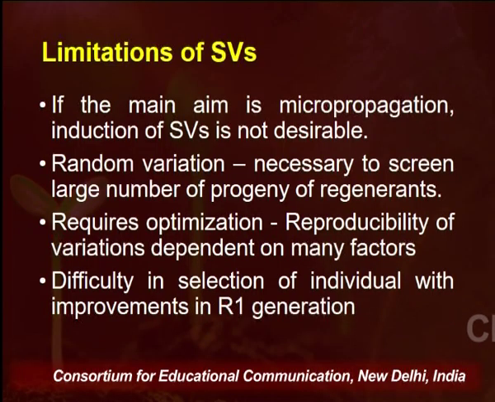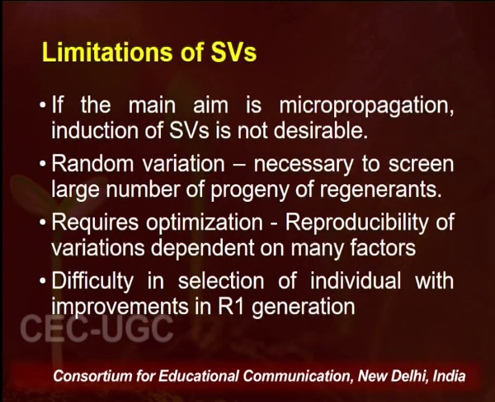Necessary screening is required to screen a large number of progeny of regenerants, because there may be certain random variations which are not desirable, and if such random variations occur, it becomes necessary to screen a large number of progeny of regenerants. The process requires optimization.